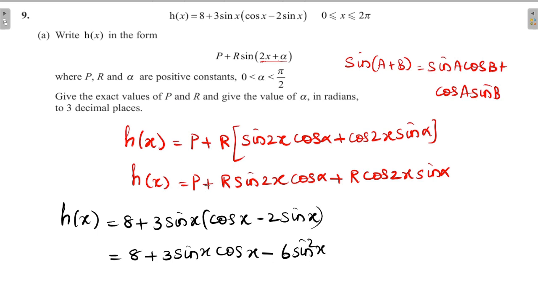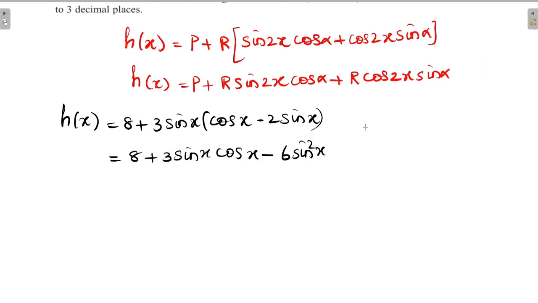Some trigonometric identities are there. We know that sin 2x equal to 2 sin x cos x. Because here 3 sin x cos x is given, we can replace 2 sin x cos x with sin 2x. So what about 1 sin x cos x? 1 by 2 sin 2x is equal to sin x cos x.